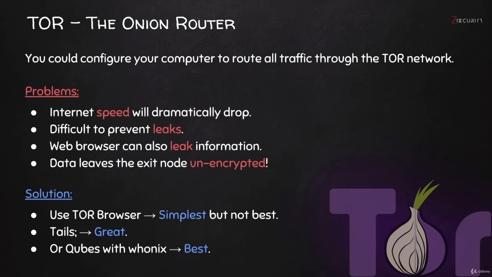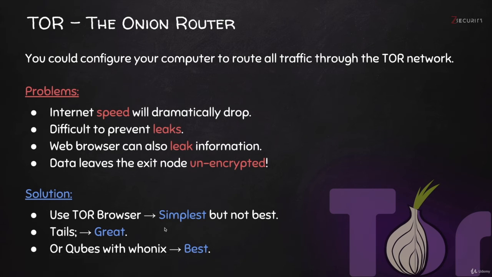So, like I said, there's a lot of steps to do if you want to configure your computer to use the Tor network. And even if you do all of that, you could miss a tiny or a small detail that could potentially leak information and reveal your identity. Therefore, a better solution is to either use the Tor browser, and we'll talk about that in the next section.